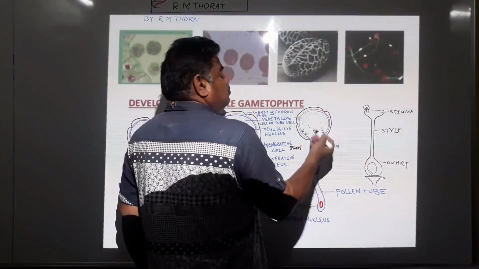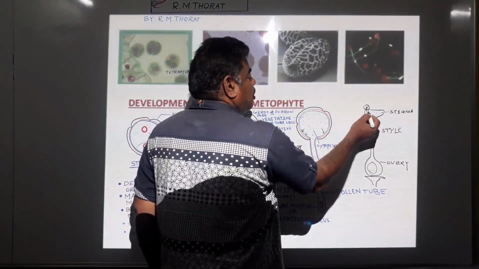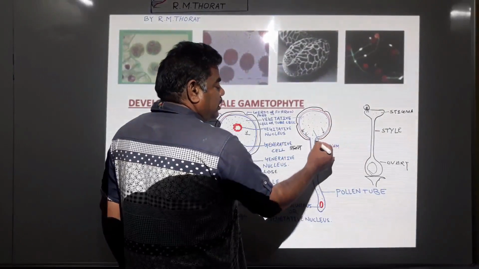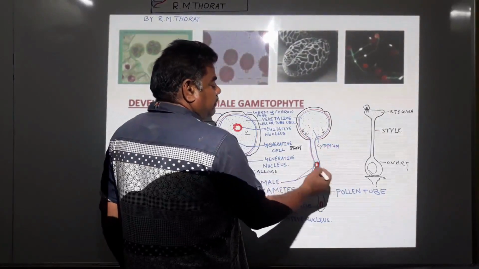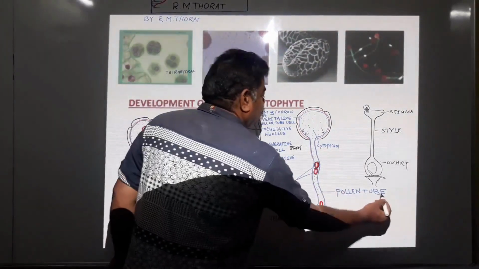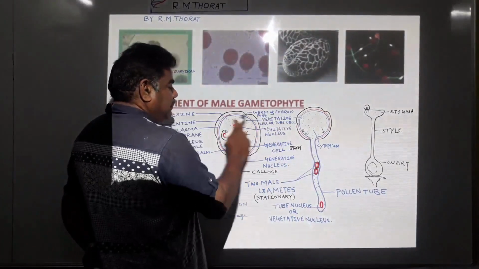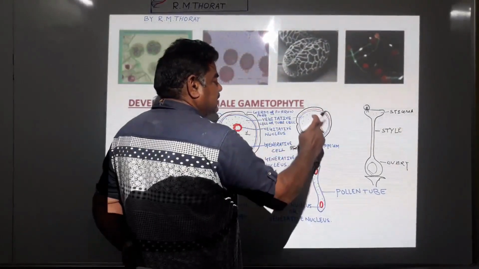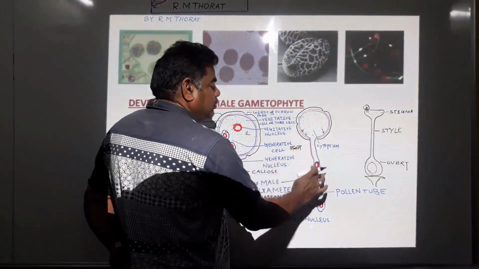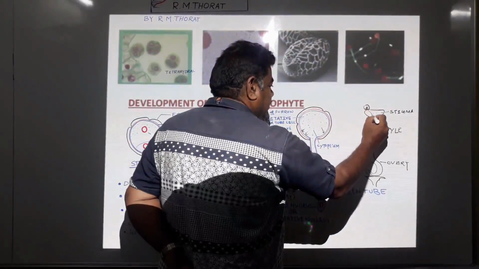This excess water comes into the cytoplasm due to absorption from the stigma, due to which the pollen tube emerges out. This tube we call the pollen tube. In the formation of the pollen tube, the tube cell, the bigger cell, plays an important role. Here the pollen tube gets formed like this.